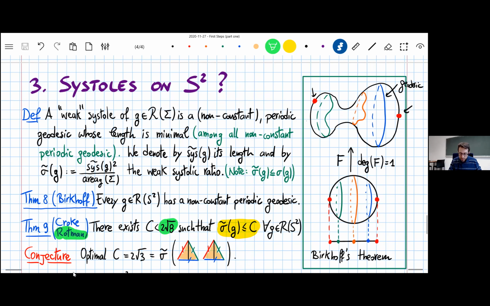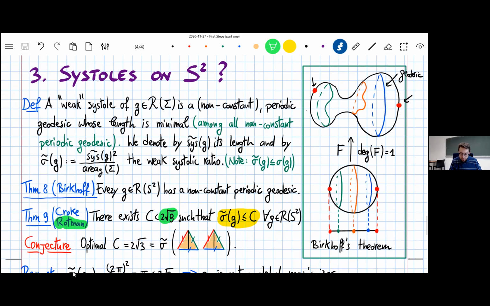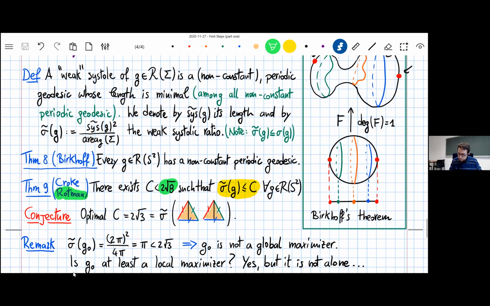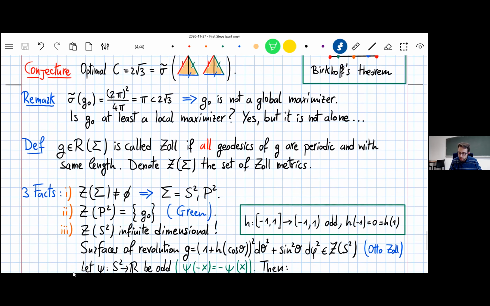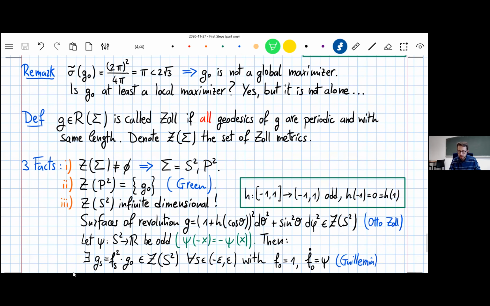Very good. So this is still something, but now if you look at what happens with a round sphere, you find something which is not very nice from some point of view. The round sphere is not a maximizer of the systolic ratio, because the systole of the round two-sphere is 2 pi, so the great circle has length 2 pi.